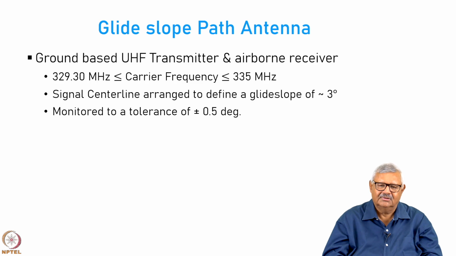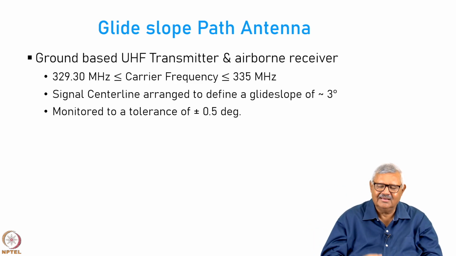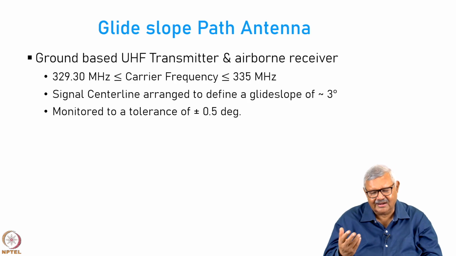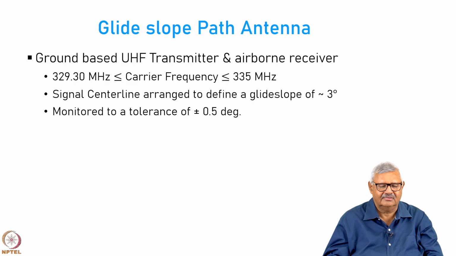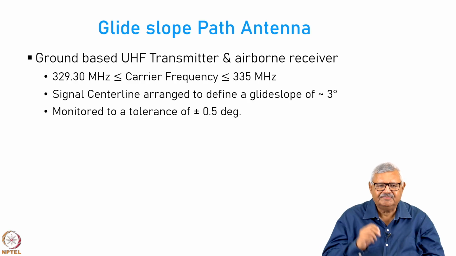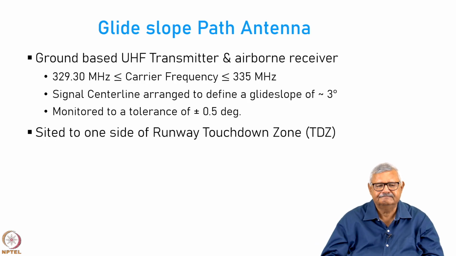At that airport the glide slope is 5.5 degrees. Similarly, at some other airports it may be 2.8 degrees, 3.1 degrees depending on the local geography. This particular glide slope is monitored with a very small tolerance of plus or minus half a degree.